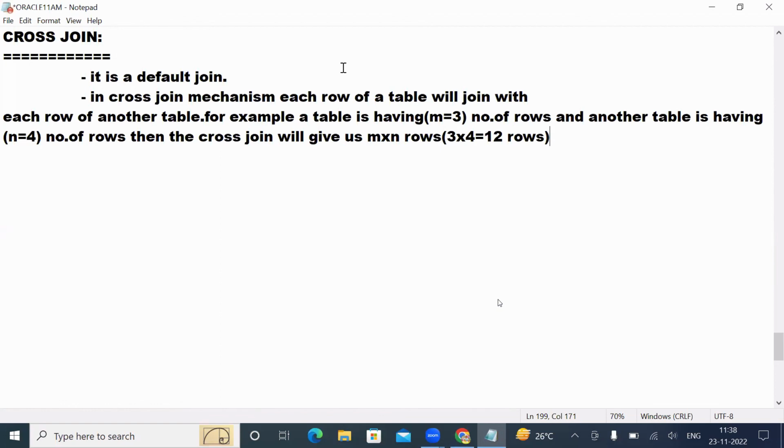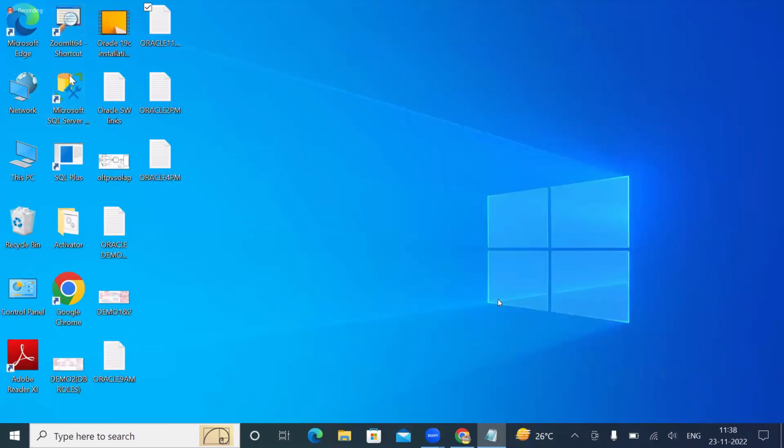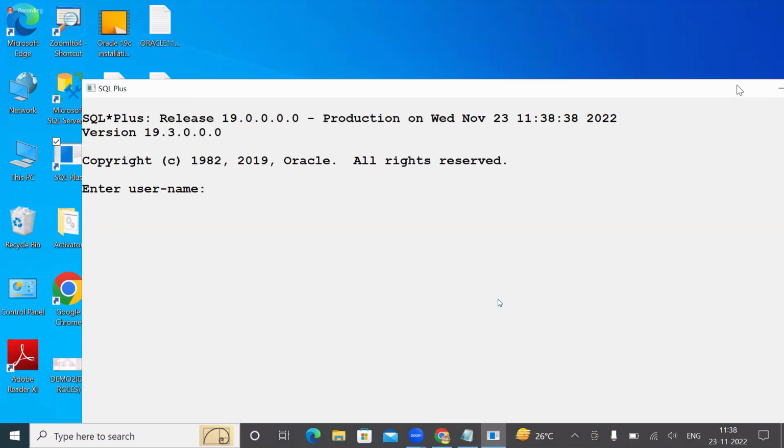Okay, let me see some examples. Let me come out and see one example. User ID and password.